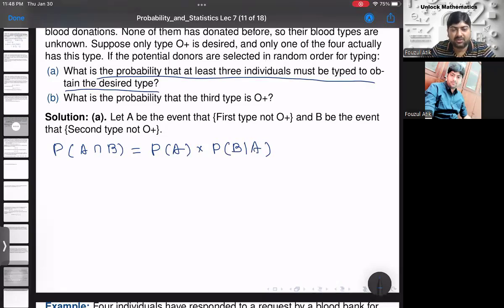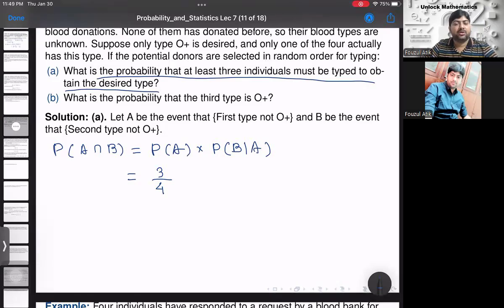Among them, only one person has O positive blood. So our event A is that the first type should not be O positive. That means it should be among the other 3. So what is the probability of the event A? Yes, it should be 3 by 4, because 3 individuals do not have O positive blood and only one has. So it is 3 divided by the total number of persons, which is 4.